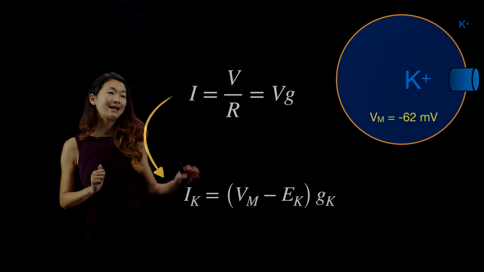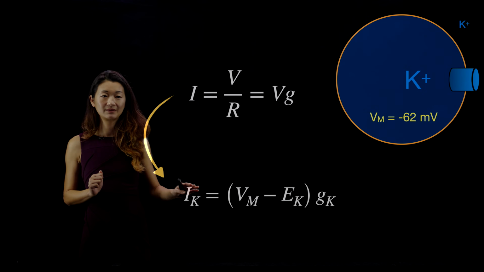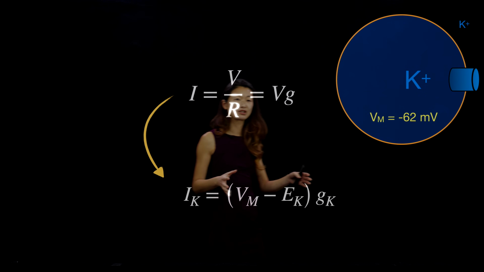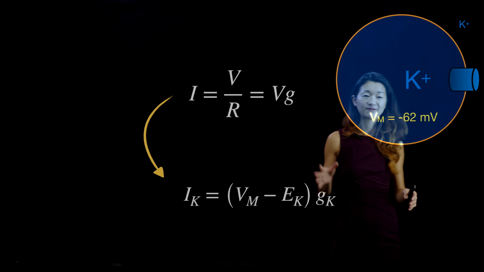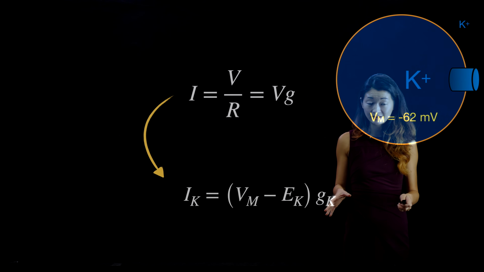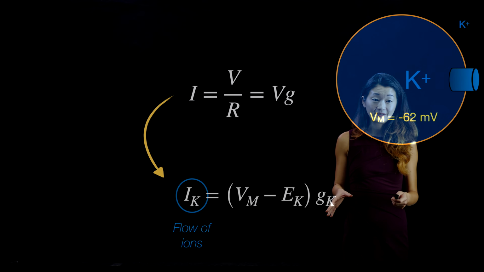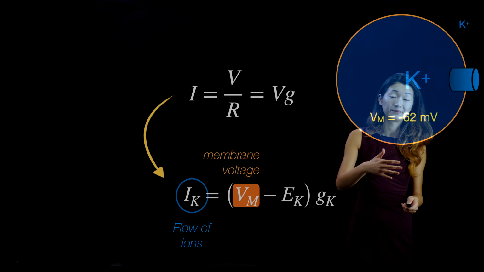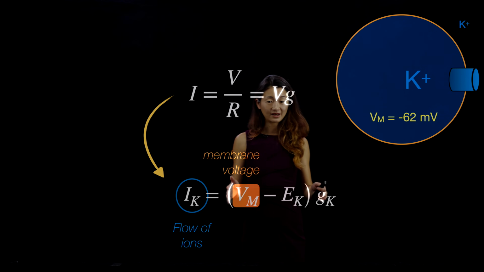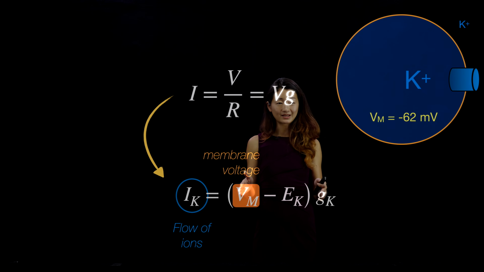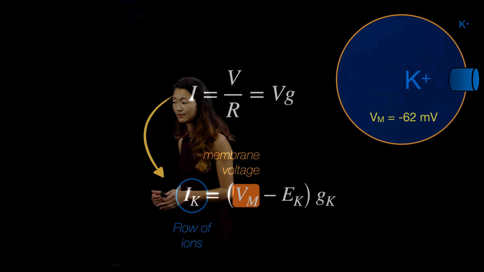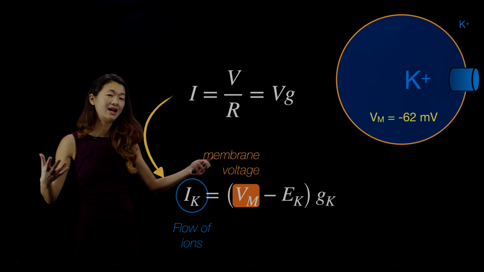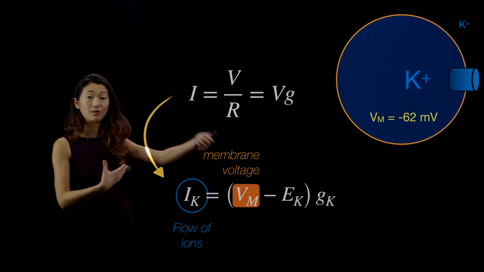So the movement of potassium in and out of the cell is associated with a current, and the magnitude of that current is going to be proportional to the following term, G times V, okay? G, like I said before, is quite literally the number of ion channels that are open. This V term takes a little more explanation. V is not actually just the membrane voltage. V is kind of like the electrical voltage force, how much something wants to go somewhere else.